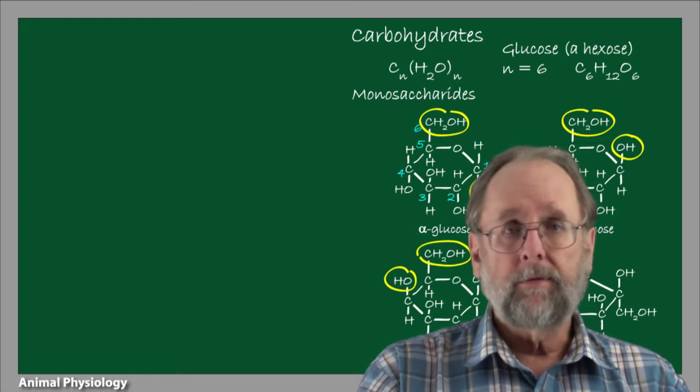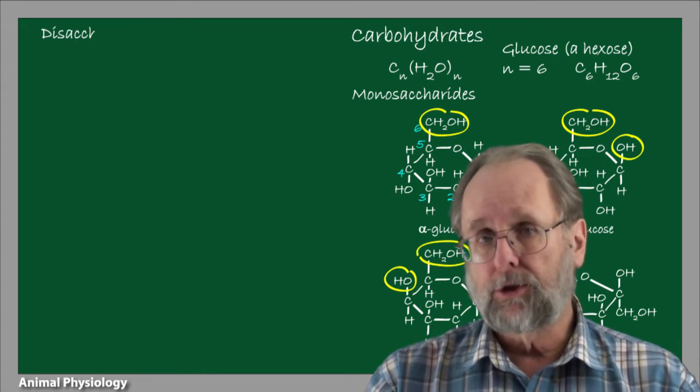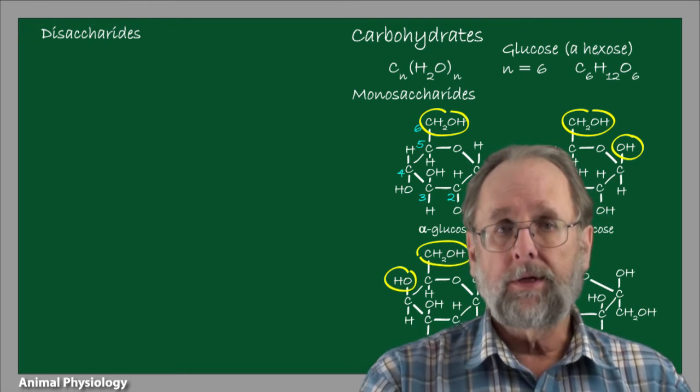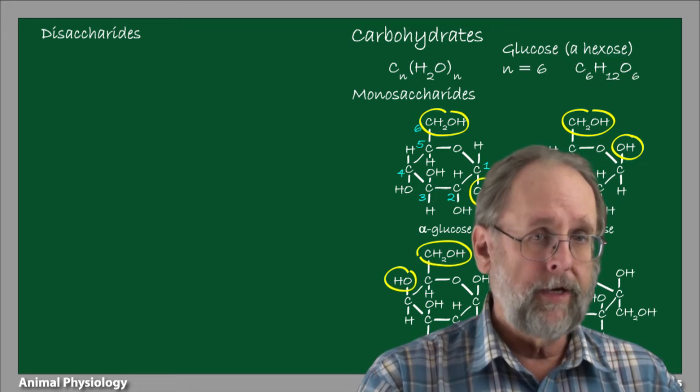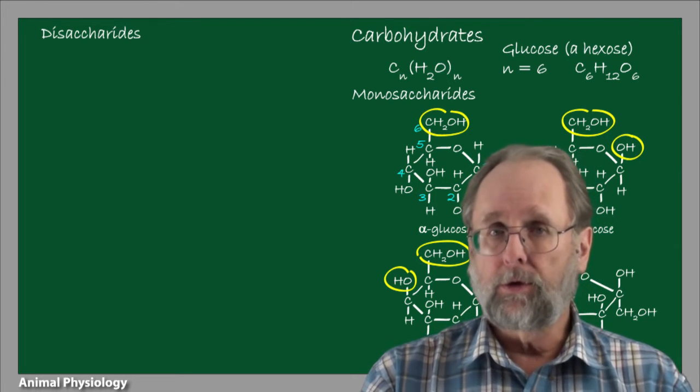The simplest type of glucose polymer combines 2 sugar molecules into a single so-called disaccharide. The 2 molecules combine through a type of reaction called a dehydration. Let's look at the reaction for joining 2 alpha glucose molecules.